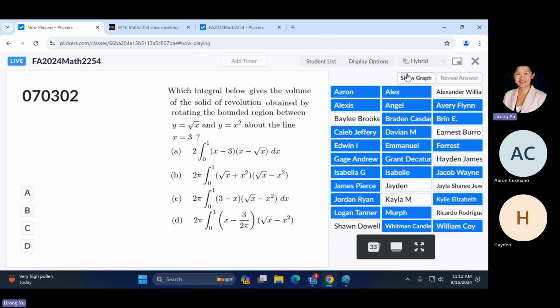Our answer is supposed to be C. So that was the formula for the volume. This question, the main difficulty is in setting up the volume. If you have that information already correct and you multiply them out and then use the power rule to finish the integration. So the main difficulty is in the setup.